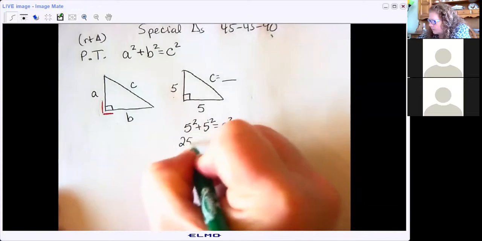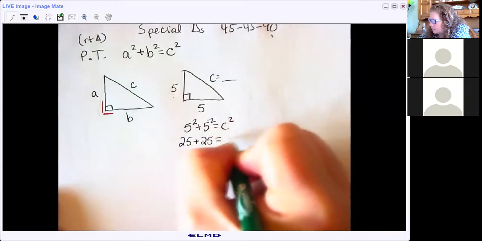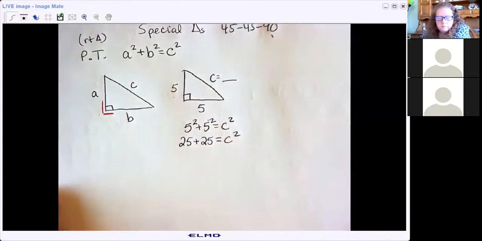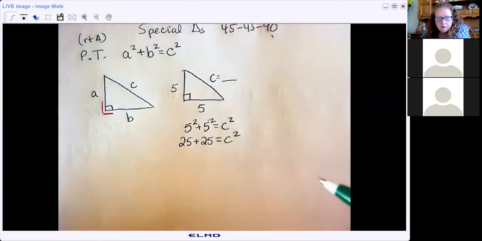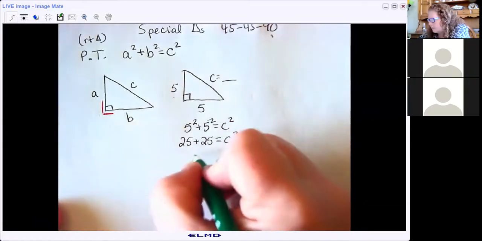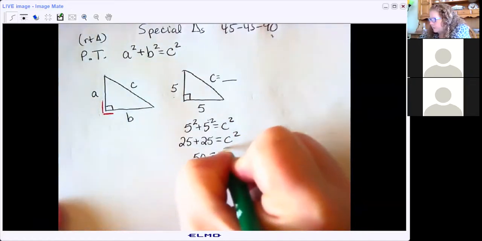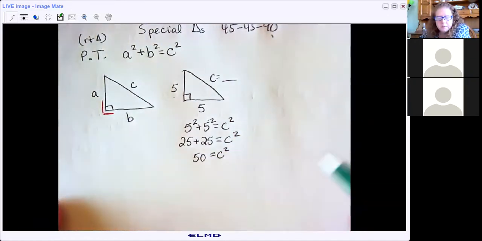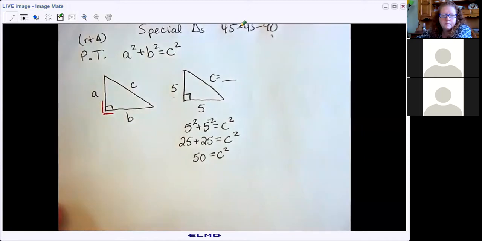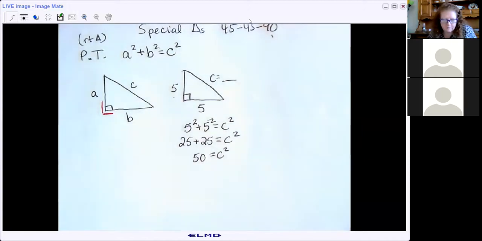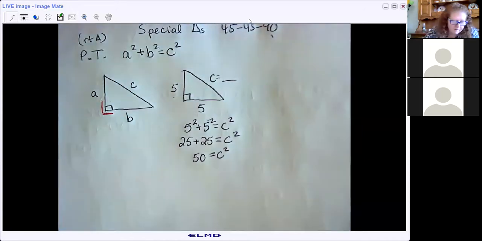So 25 plus 25 equals c squared. We just add these together. But how do we undo a square? Square root it. Perfect.